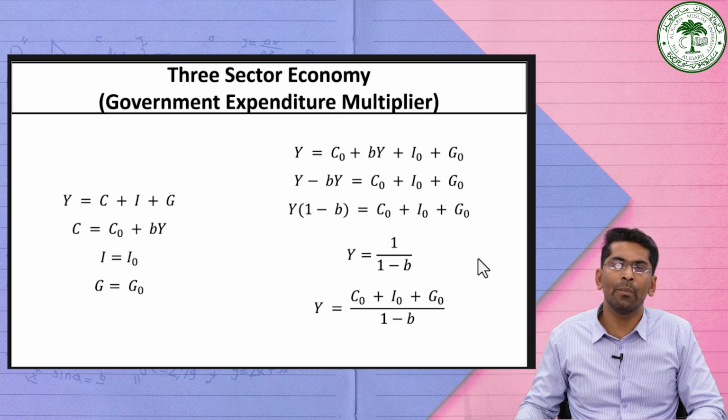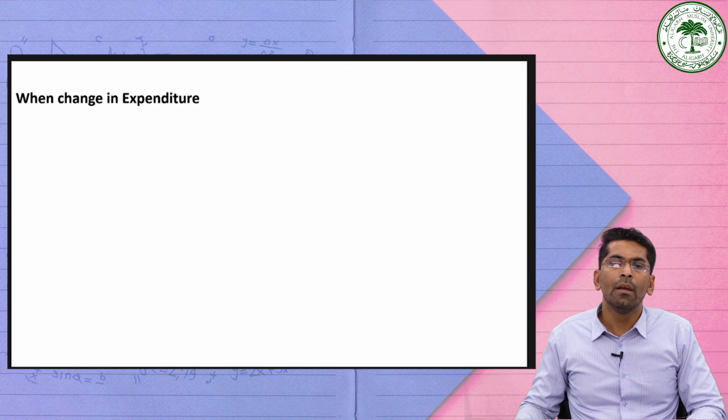So our level of income becomes C0 plus I0 plus G0 divided by 1 minus B. Here we have explained Y in terms of exogenous variables, that is autonomous consumption, autonomous investment and government expenditure, along with B, the marginal propensity to consume.